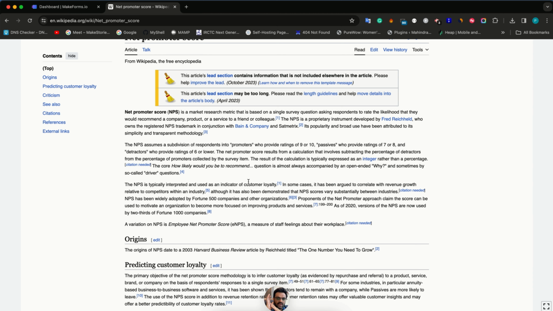Anyone who gives you a score of 9 or 10 is called a promoter. They will actually help you promote your company. Between 7 and 8 are passives. The passives are those people who will stick with you, but if they get better service or offers from another company, they might just move away from you.